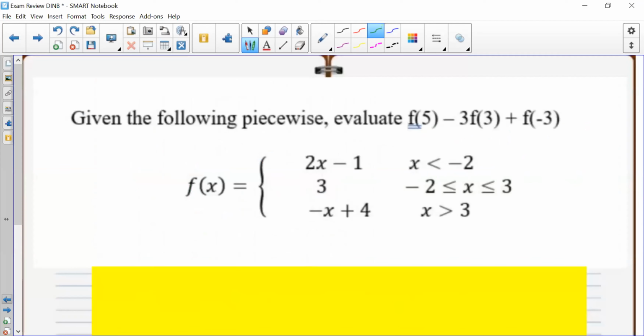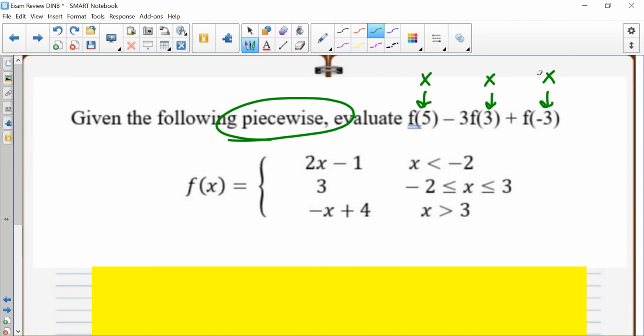All right, and our last one deals with piecewise. It says evaluate, and then it gives me this expression, f of 5 minus 3 times f of 3 plus f of -3. Now the numbers in the parentheses, they represent X values.